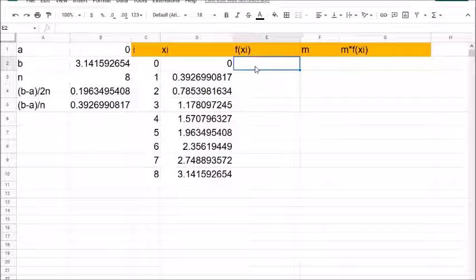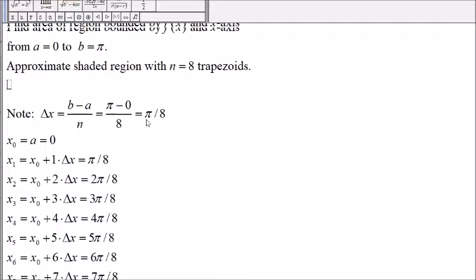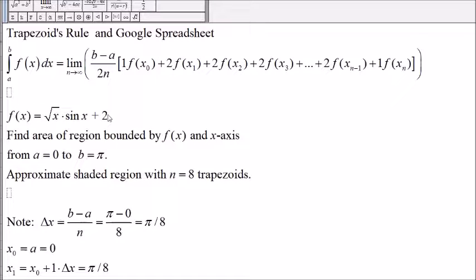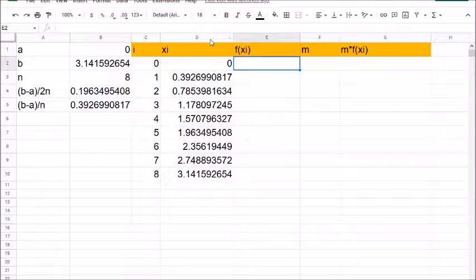And now, these are the x of y's. Now we need the f of x of y. The function is the square root of x times sine of x plus 2. And so we would input it like this: SQRT for square root, and then x of y. X of y is in D2.